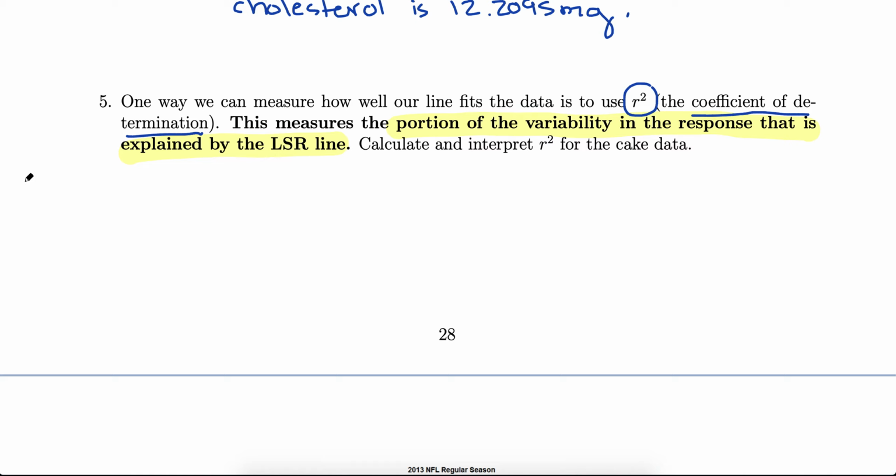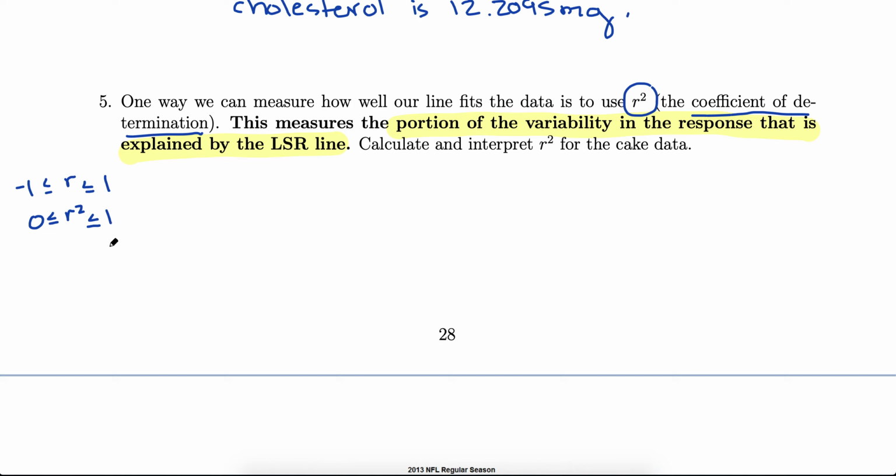Remember, if we had correlation was between -1 and 1, and if we squared that, we would expect it to be, remember when we square negative numbers, now they're all positive, so we'd expect it to be between 0 and 1.